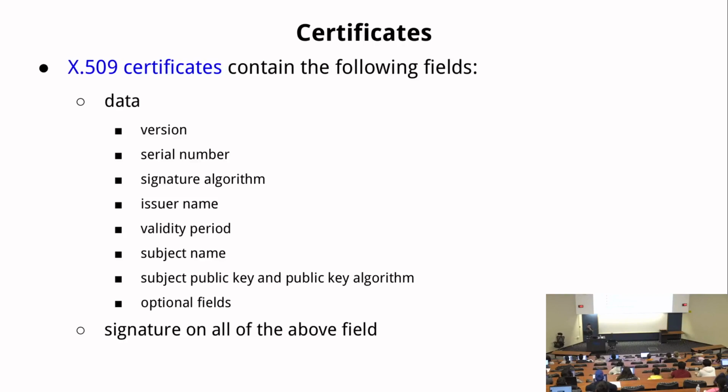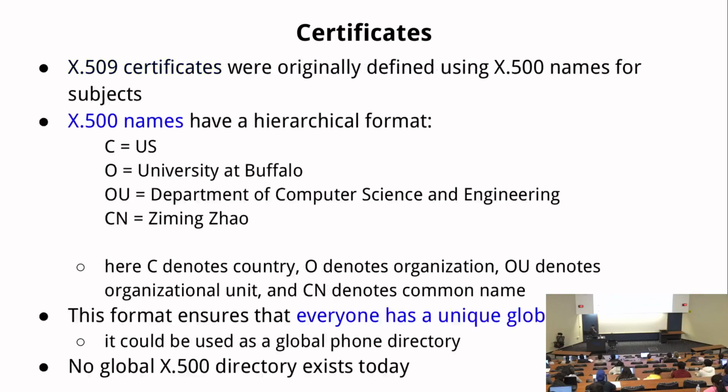It has the following fields we already looked at: the version, the format of the certificate itself, the serial number, the signature algorithm, who issued the certificate, when the certificate is valid, who we issue the certificate to, what the subject is, the owner of the certificate's public key, and what the public key algorithm is for that public key. And there are some optional fields. Then the signature over the whole thing, and that is a certificate.